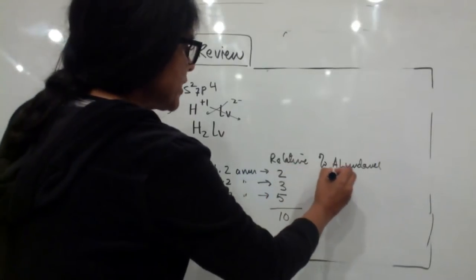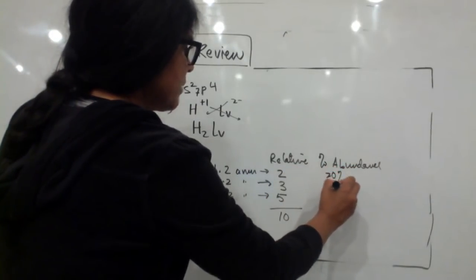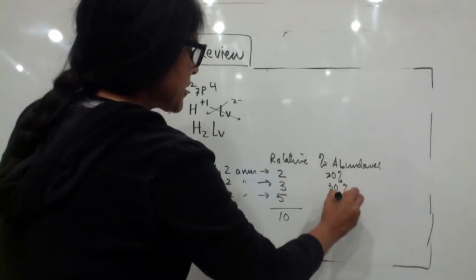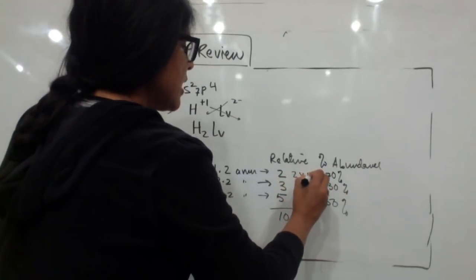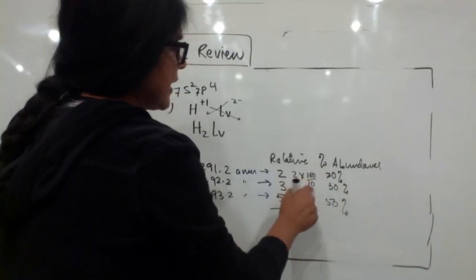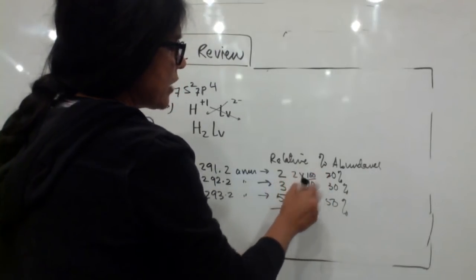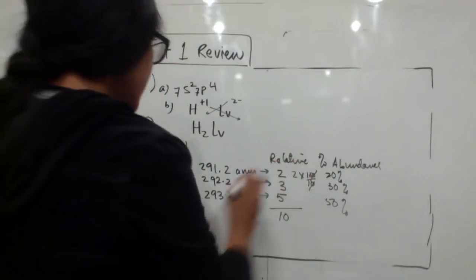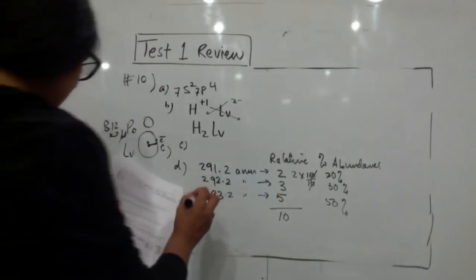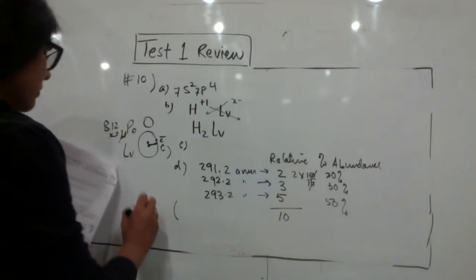So it'll be 20%, 30%, 50%. Another way to think about it is 2 times 100 over 10. In 10, it was 2. In 100, how much would that be? So that is 20%. Now, to get the average atomic mass, you take each individual mass.